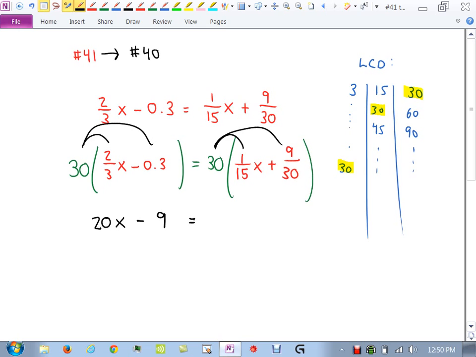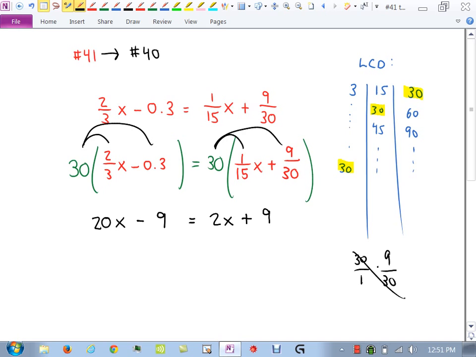Equals 30 times 1/15 x, 2x, 30 times 9/30, plus 9 again. Right, I'm doing 30 over 1 times 9 over 30. Basically, the 30s canceled each other out, and I was left with 9. That's what happened on that last multiplication through.